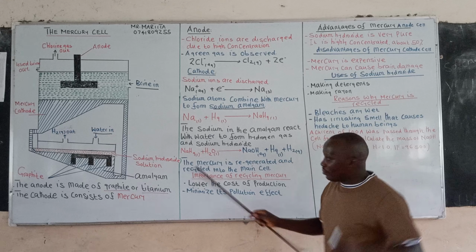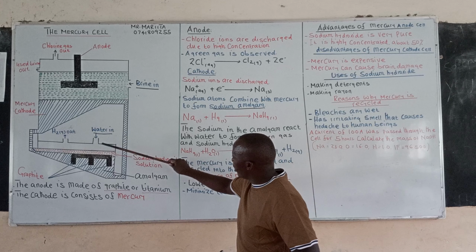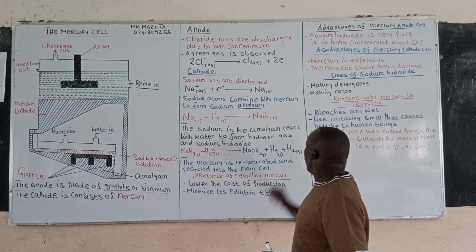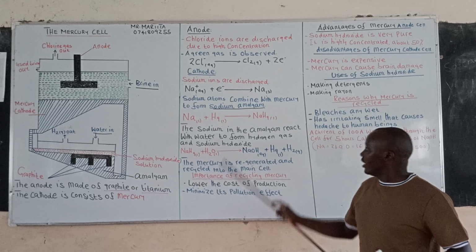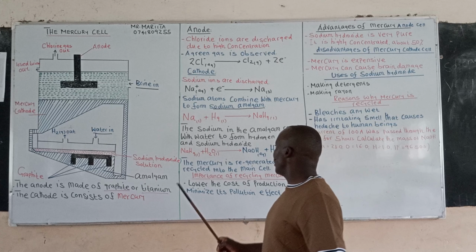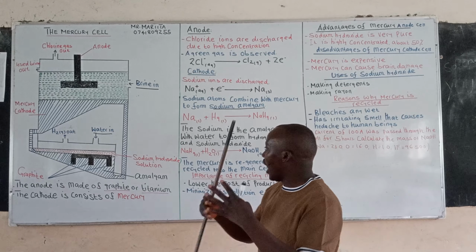The sodium amalgam here, as you can see, we have water and then we have sodium amalgam. The sodium amalgam in this case reacts with water to form hydrogen gas and sodium hydroxide.